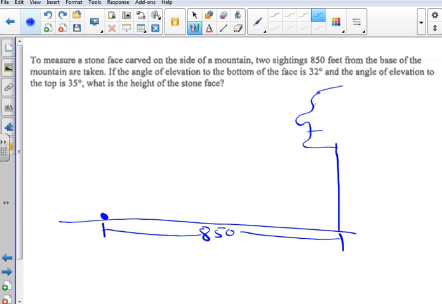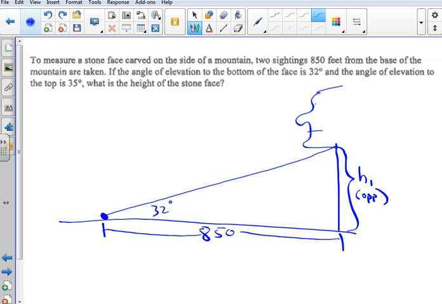So, we take two angles of elevation. One of them is from here to the bottom of the face, and that's a 32-degree angle. So could we find this distance here? Sure, we'll call it height 1. So that represents, for the 32-degree angle, the opposite side.